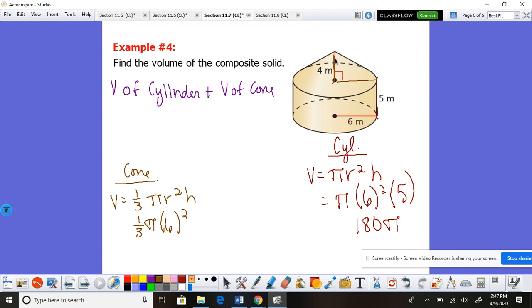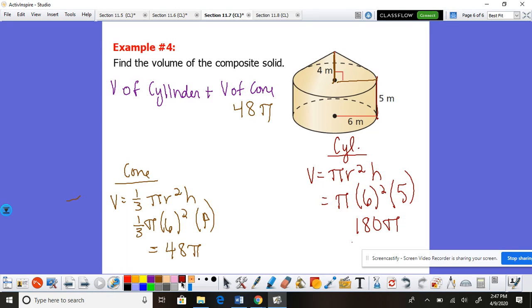So we want the height of the cone, which is 4. So 6 squared is 36. 36 times 4 divided by 3. So I get 48 pi. All right, so the volume of the cone here is 48 pi.